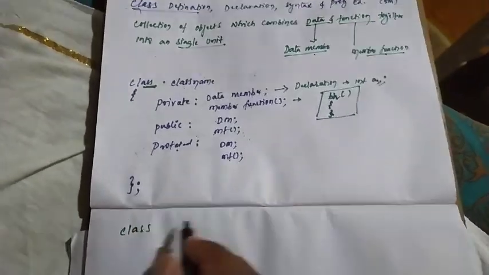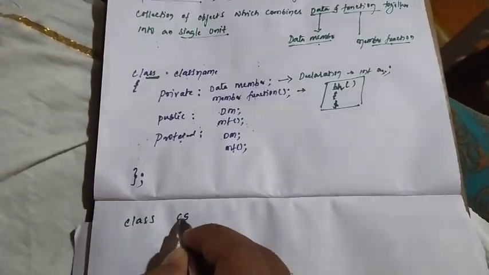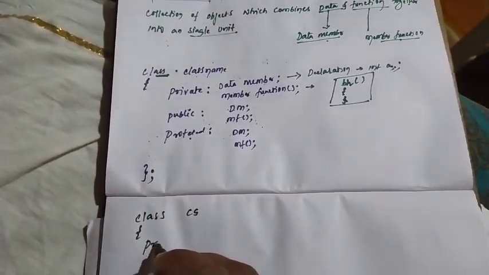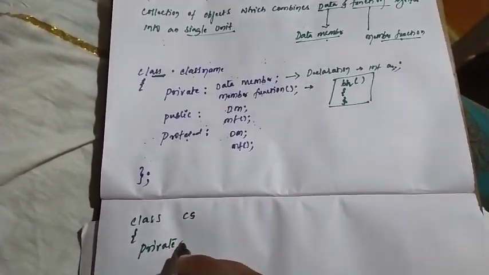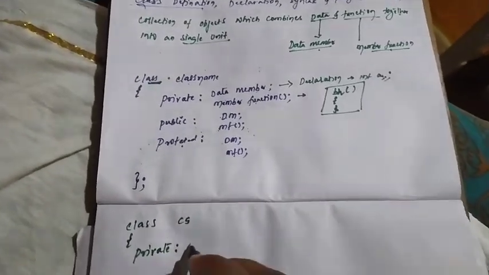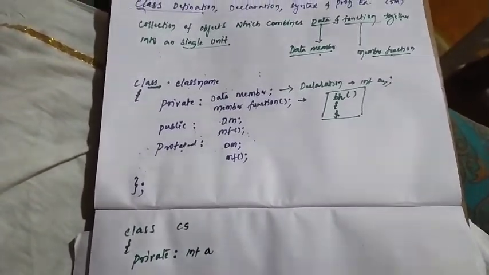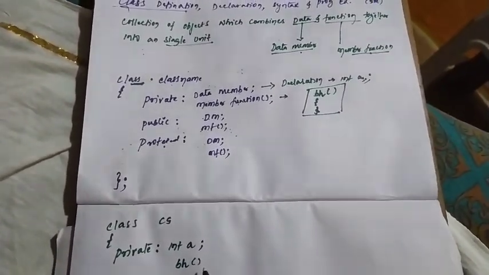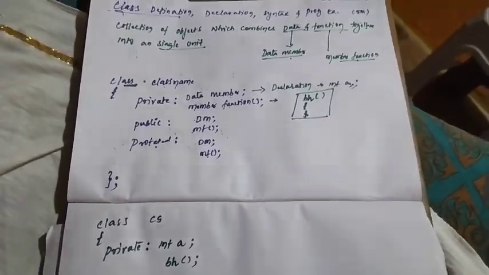Class name can be anything. I will write CS. Open the flower bracket as usual. There is a private here also. I will declare private only. Data member int a I will write. There a function name I have taken, bh parenthesis, here I will write semicolon.